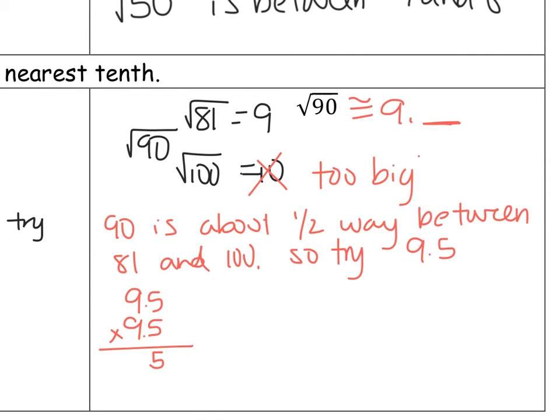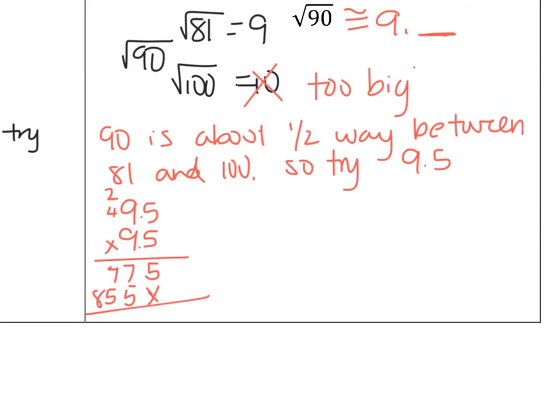5 times 5 is 25. 9 times 5 is 45, plus 2 is 47. Again, 9 times 5 is 45. Carry my 4. 9 times 9 is 81, plus 4 is 85. That's my placeholder.